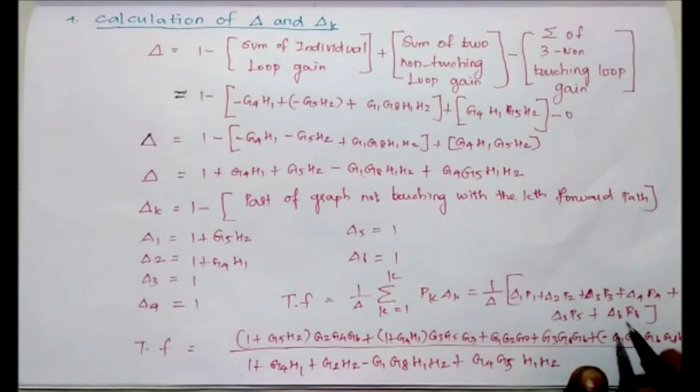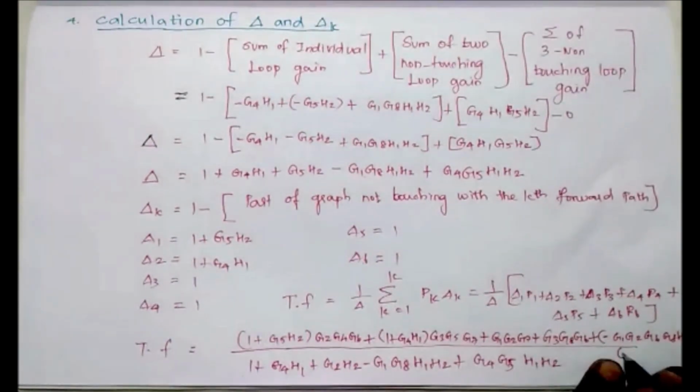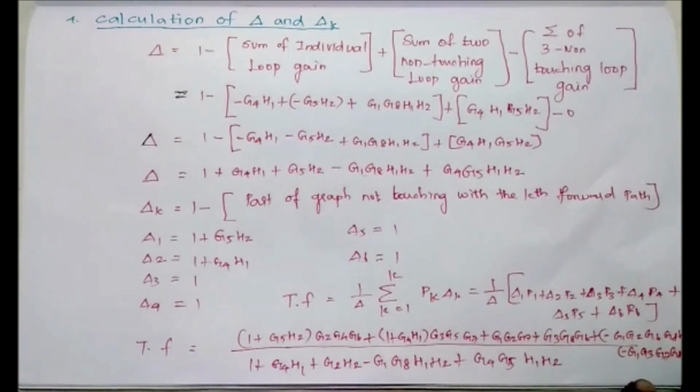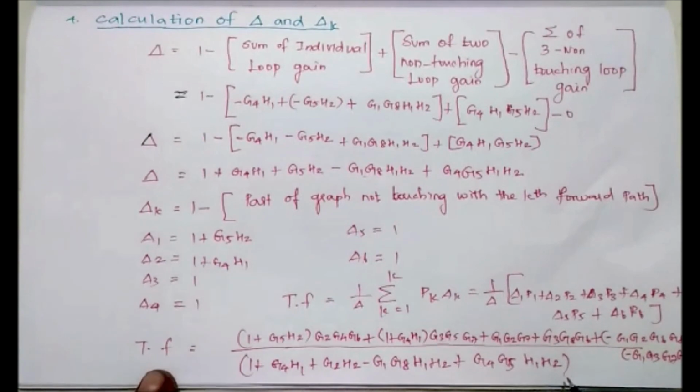Finally the del 6 value is 1, and we already know the P6 value, minus G1 G3 G7 G8 into H1. So this is the start of the numerator and this is the end of the numerator, divided by this term. This is nothing but the transfer function of the given signal flow graph.